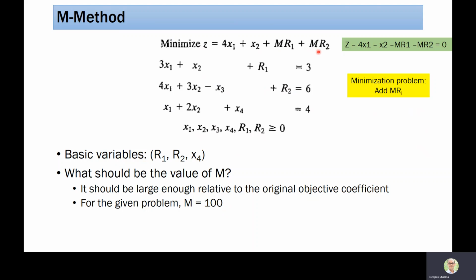So what is the penalty here? The meaning of penalty is that if R1 and R2 have some positive value, the value of Z is high, so I'm penalizing it. But when R1 and R2 become 0, then Z will become 4x1 plus x2. And that is the role of penalization.